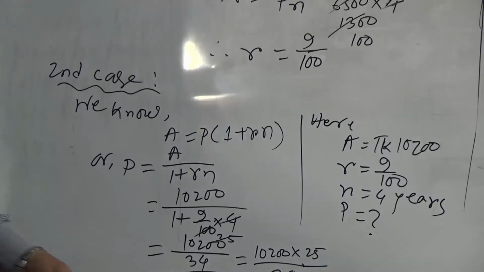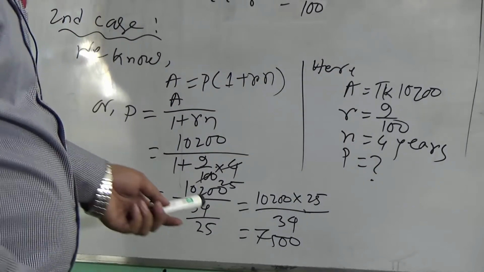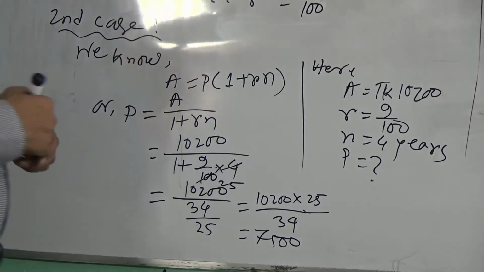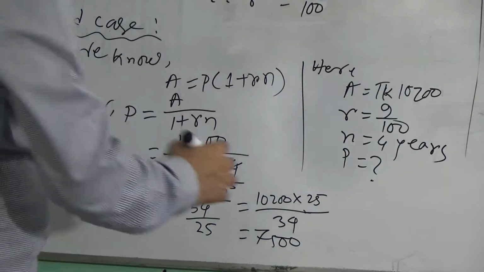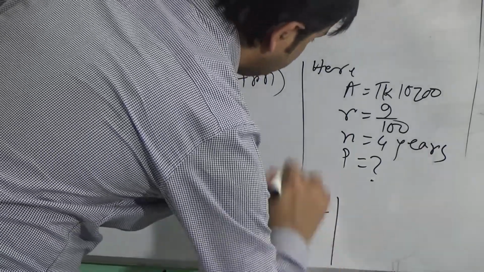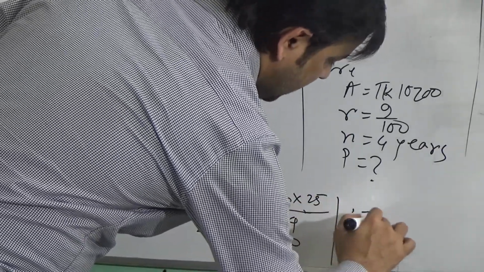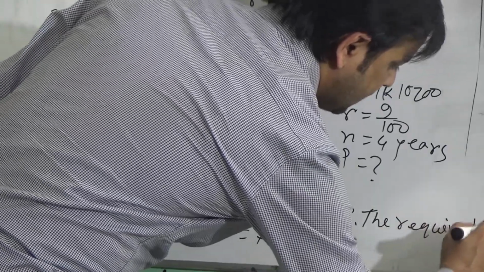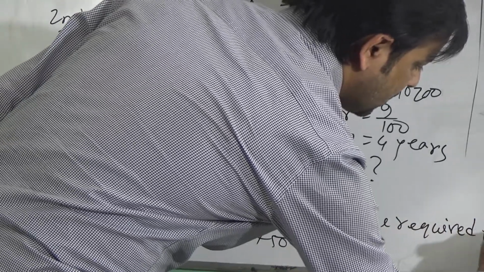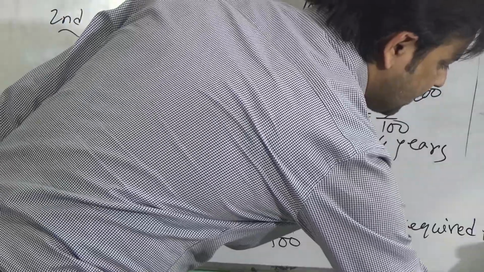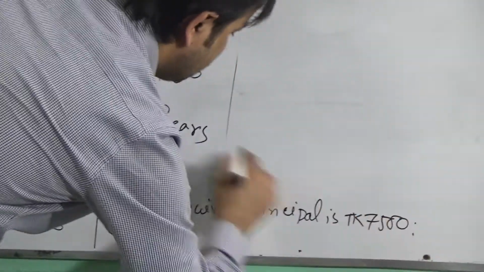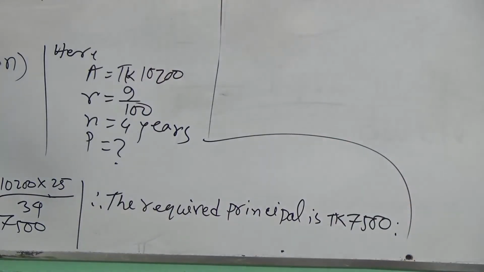You will get 7500. So this 7500 is our required principal. So we can say the required principal is taka 7500. So this is our solution of question 8.